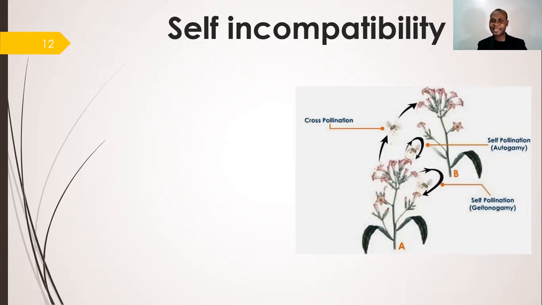Okay, and the second type is called heteronogamy, which has to do with the pollen from one flower falling on the female part of another flower, but on the same tree. So what that means is that self-pollination is usually not possible in most cacao trees.